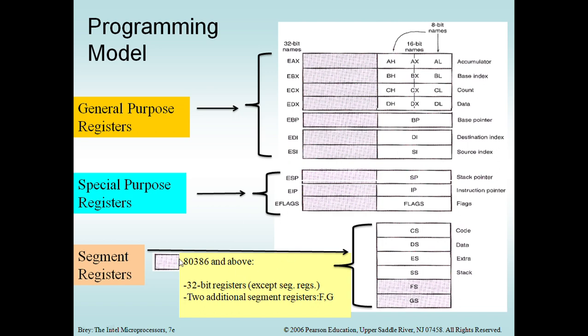And the third group is segment registers. There are 6 segment registers. Only 4 segment registers are available in the 8086, 8088, and 80286 microprocessors. The 2 registers F and G and the extended part of these registers, which is shaded here, are only available in the 80386 and above microprocessors.